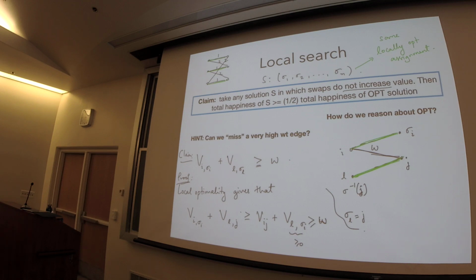The green is what I claim is a locally optimal solution. And all edges that I did not show, like 1 to 3 and 2 to 1 and so on, are all 0. So, let me pause a little bit.